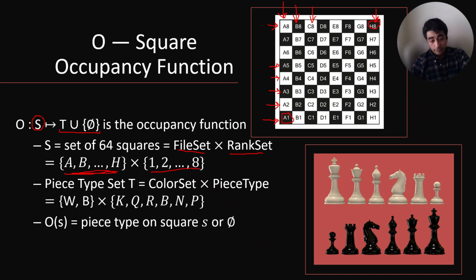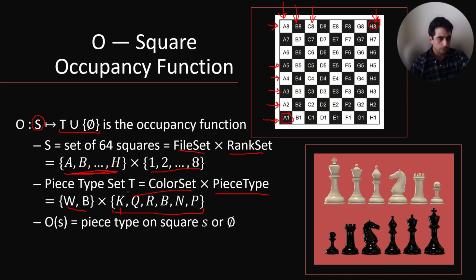And then for the piece type T, we have a similar situation. It's a Cartesian product of the color set and the piece type. We have 2 colors for pieces, either white or black. So that should be multiplied with the Cartesian product by the type of a piece, which is either king, queen, rook, bishop, knight, and pawn.